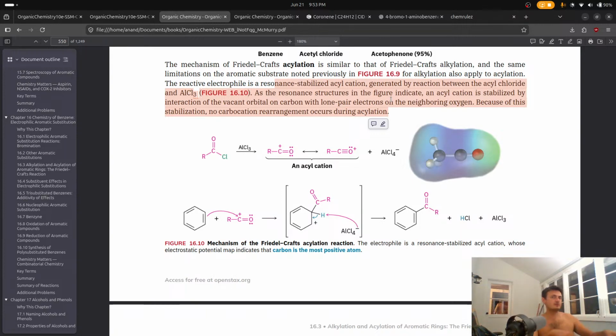So this is Friedel-Crafts acylation. Okay, and we have resonance stabilized carbocation.